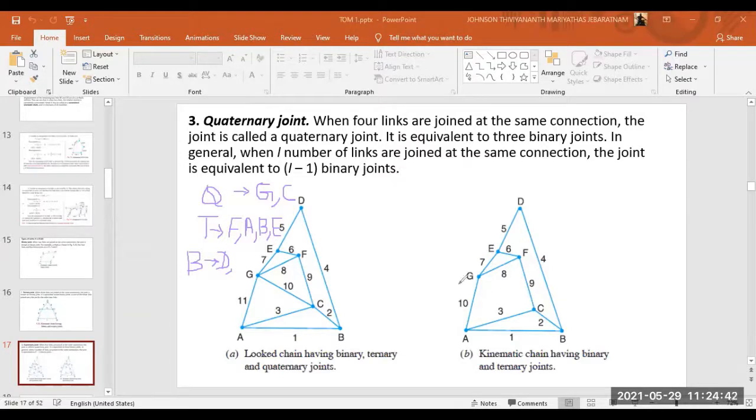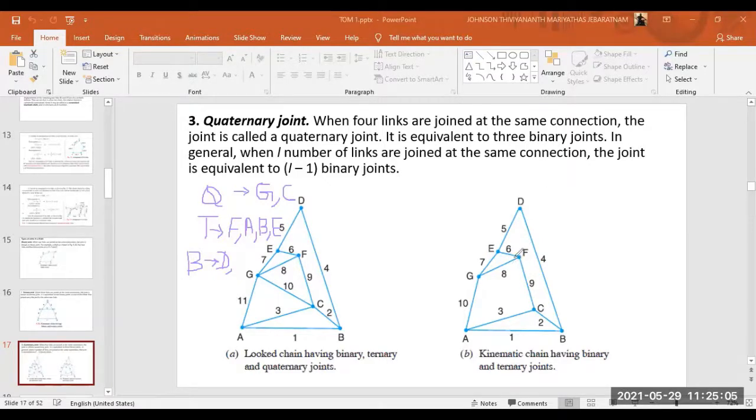So what happened was, the diagram is the same. The only thing is, this link GC is removed from this diagram, right? If GC is removed, then in this diagram we are not going to have any quaternary joints.